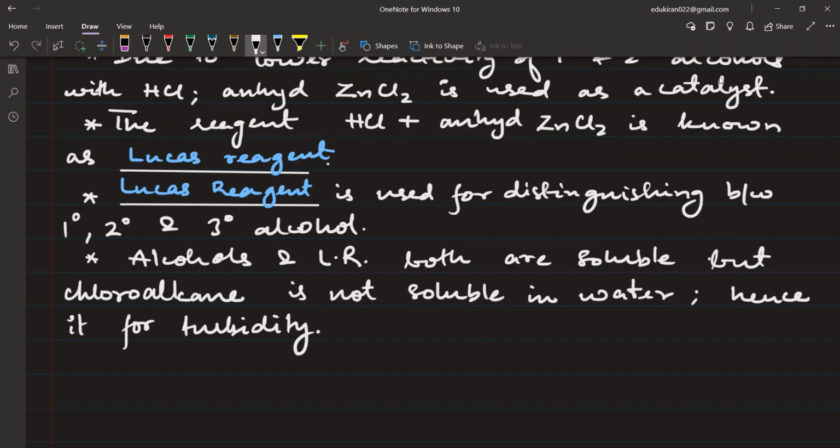As soon as we add Lucas reagent, what is happening? Lucas reagent in some other bottle is also soluble. But when we mix these two completely transparent things, we see that a turbidity forms. Now that turbidity is due to some reaction, because alcohol on itself is soluble and Lucas reagent on itself is also soluble. But when we mix them, something would have happened. Then we look at what reaction has happened and what the product is.